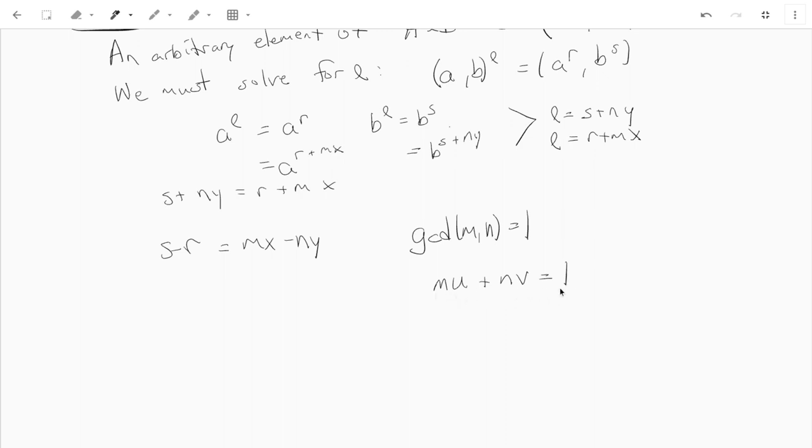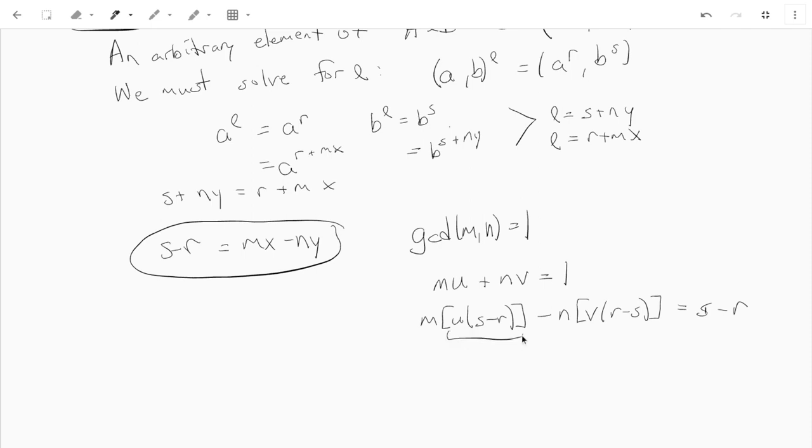Well, if MU plus NV equals 1, then MU times (S minus R) minus NV times (R minus S) equals S minus R. The minus sign comes from just that R minus S is negative S minus R. So therefore, I'm able to solve this equation. My solution is, this is x, this is y.